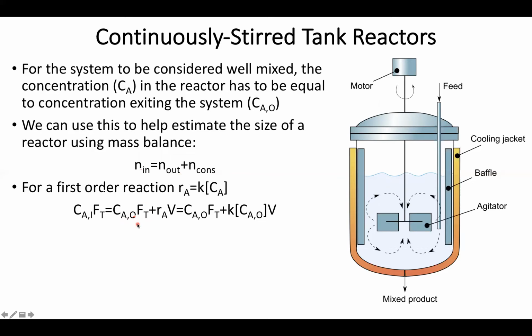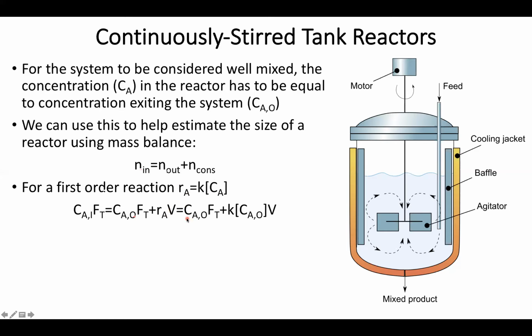However, we also need to account for the amount being reacted, which will be based on our volume scaled rate of reaction. So in this case, I'm using a normalizing quantity of the volume of the system, which also happens to be our classic rate expression. So I can go ahead and substitute in my rate expression into this equation.